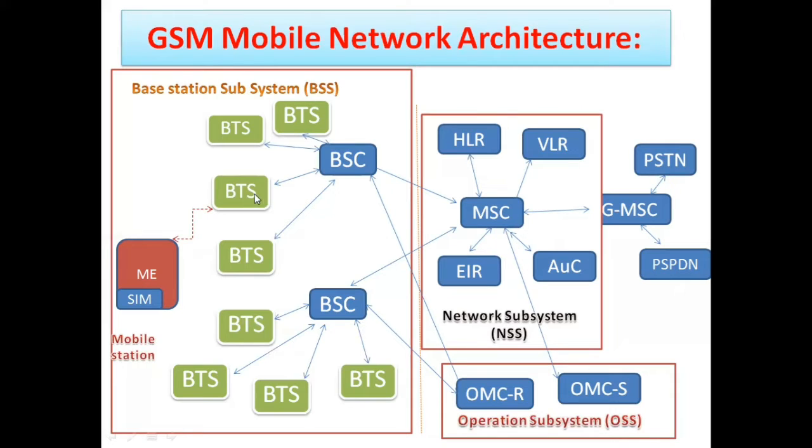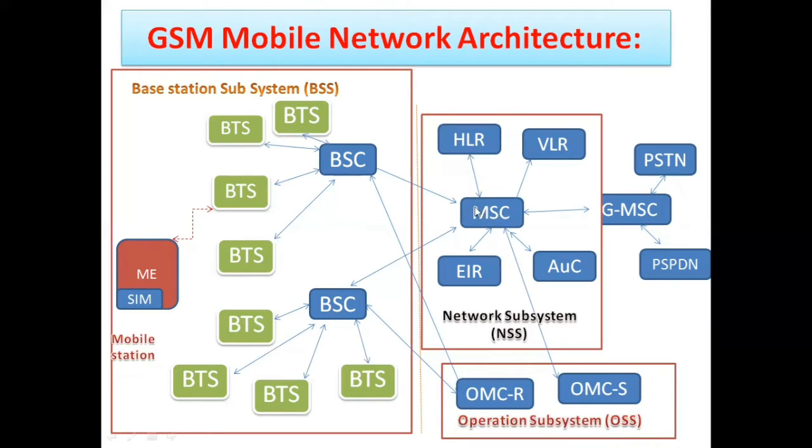Each of these BTSs is being controlled by a base station controller, and more than one base station controller, as I can see here in this diagram, gets connected to a switching center called the mobile switching center.